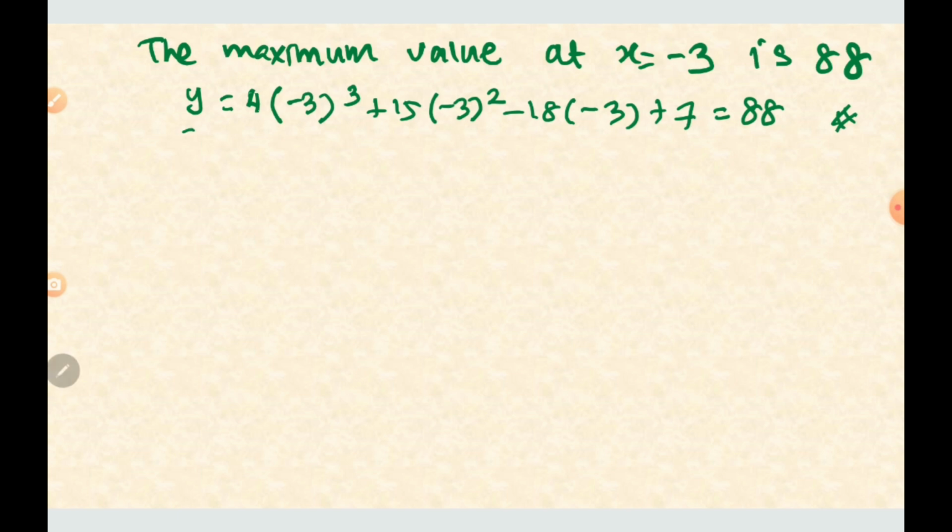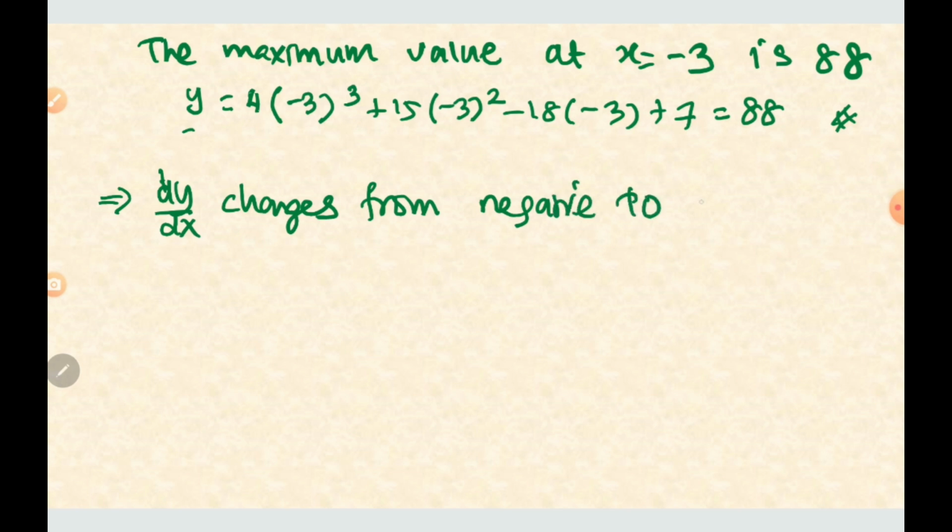Secondly, we can see that for the changes from the second interval to the third interval, the sign for dy dx changes from negative to positive at x equals 1/2.